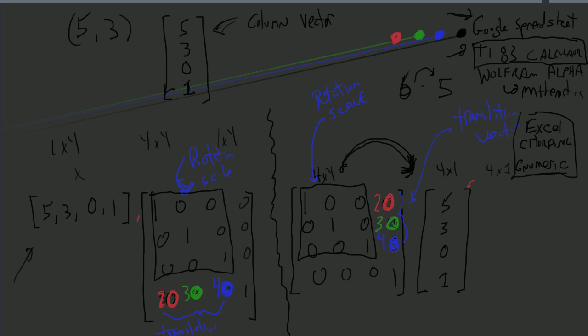Google Spreadsheet, TI-83 calculators, Wolfram Alpha make it pretty straightforward to either take a column vector describing a point and transform it by a transformation matrix, or take a row vector representing a point and multiply it by a transformation matrix, getting essentially the same answer, one being the transpose of the other.